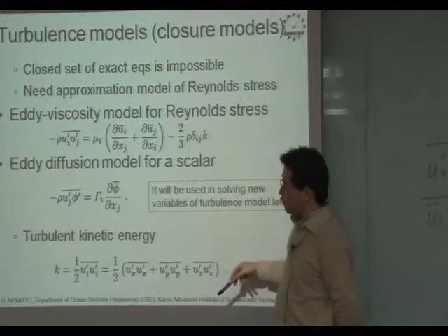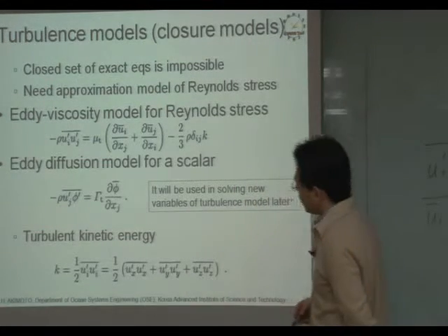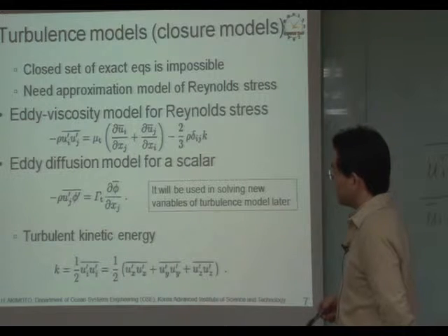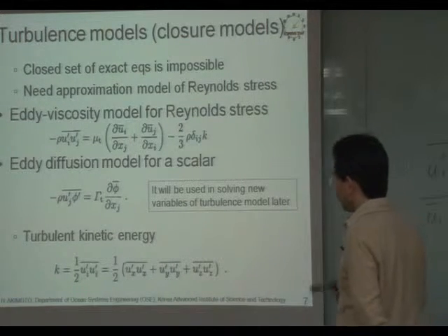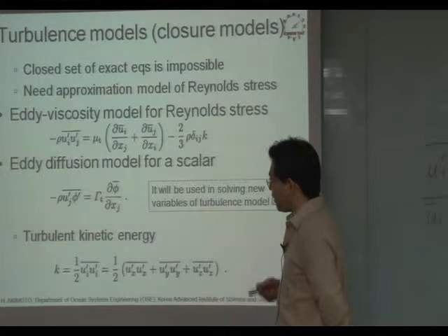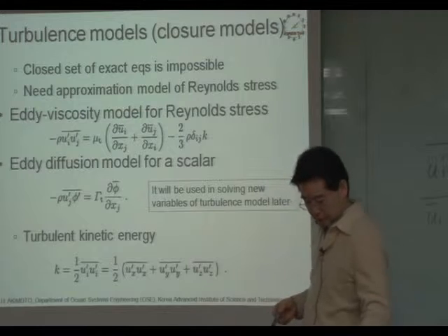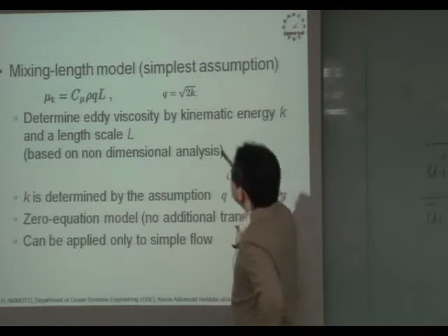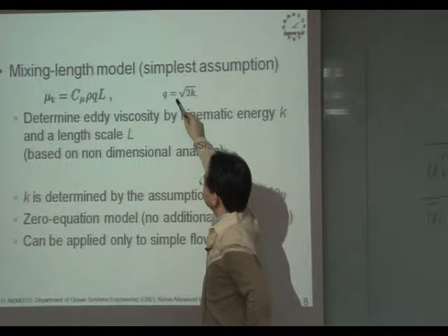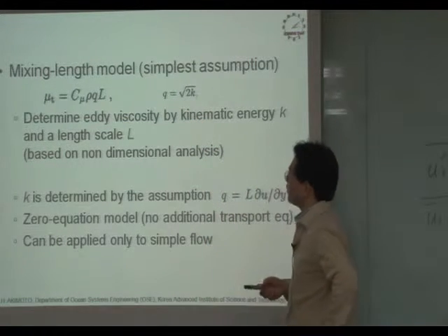In this definition, K is turbulent kinematic energy per unit density. So the dimension of Q is the velocity.